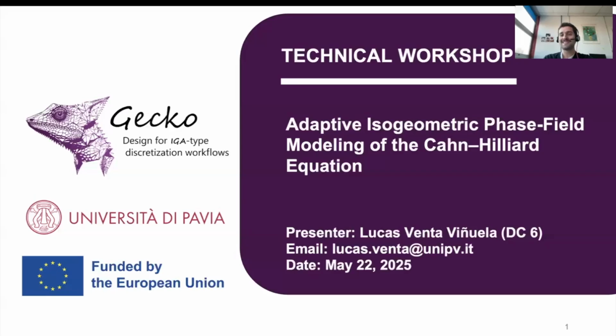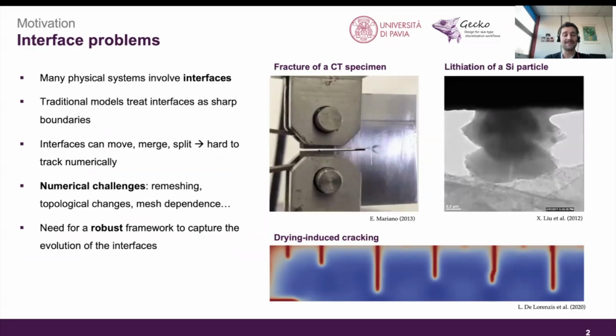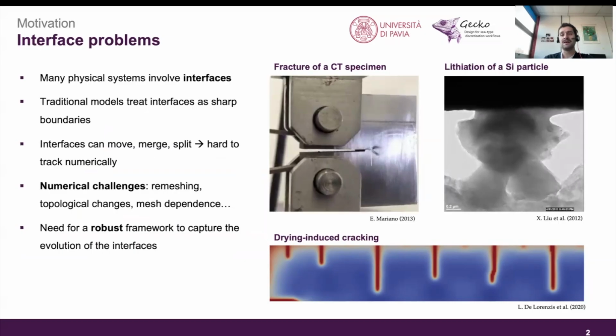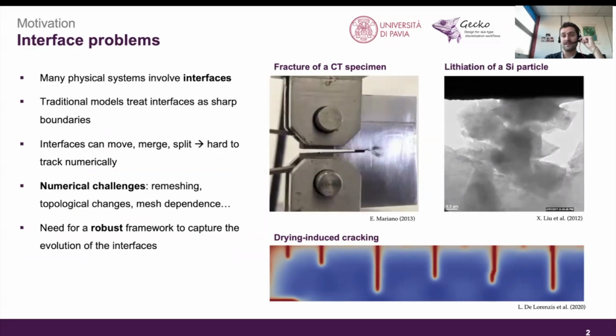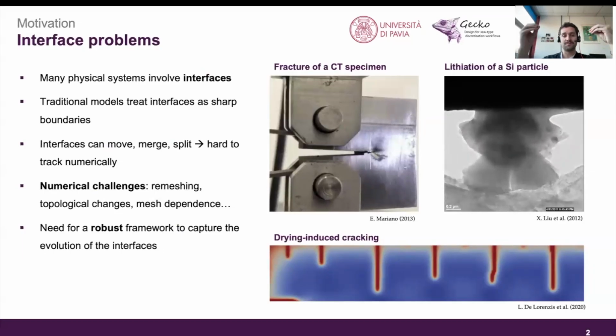Hello, my name is Lucas, and I will present some of the progress I've made in the direction of adaptive isogeometric phase field modeling of the Cahn-Hilliard equation. I essentially work on interface problems, and interfaces usually bring several numerical challenges because they move, merge, and split.